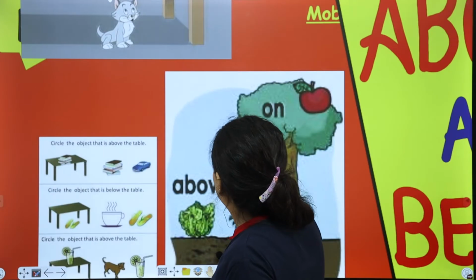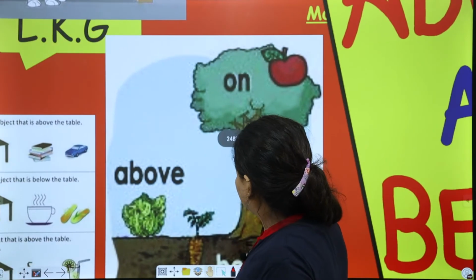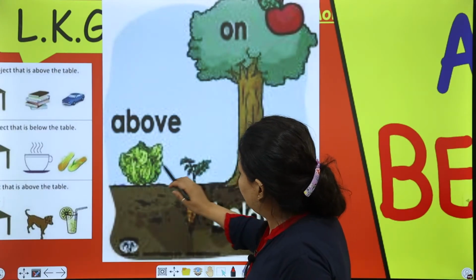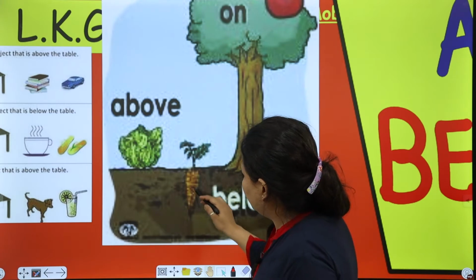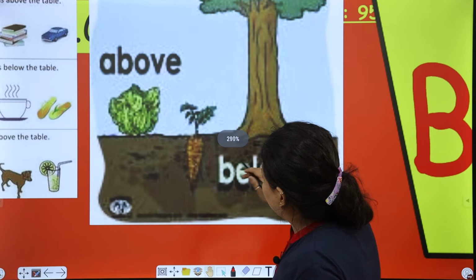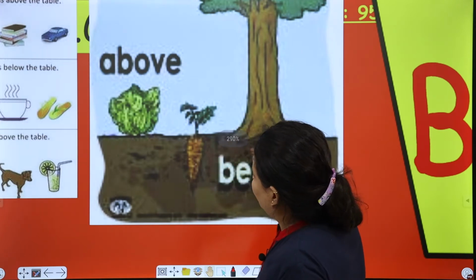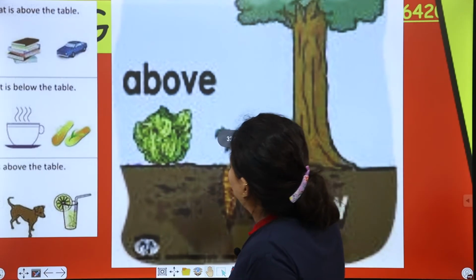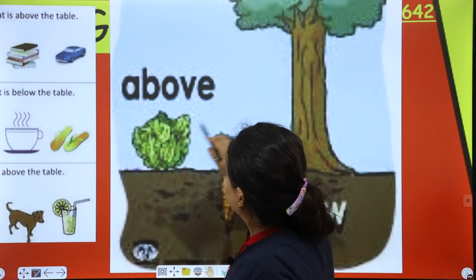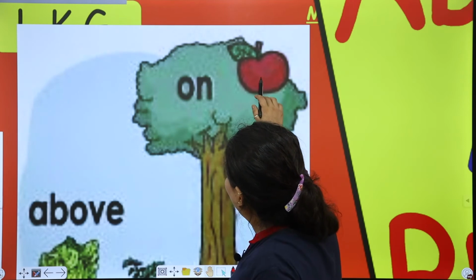Now the next one is this is a tree. This is a plant and this is a radish, and it is below the soil, and this is above and this is on.